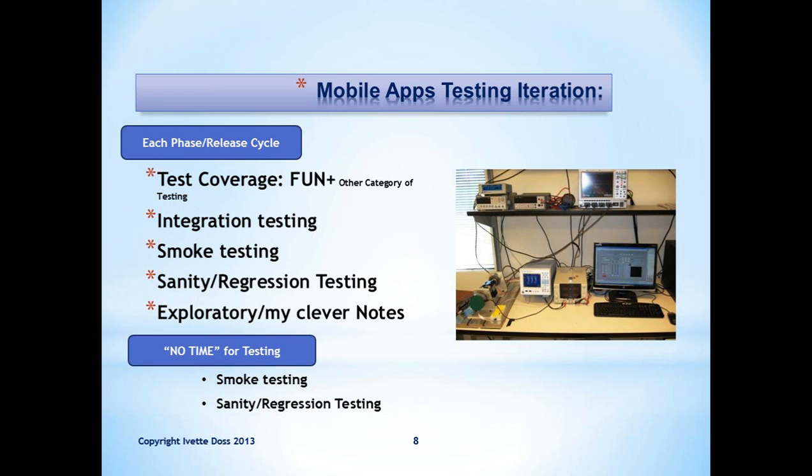And we do have exploratory. I really try to avoid the word ad hoc, and I always feel a pity for people who put ad hoc testing in their resume, because ad hoc indicates that you are completely entry level and do not know what to do, but it's not true. So exploratory, with my clever notes, is the initial testing we create when we first see the app on day number 1.